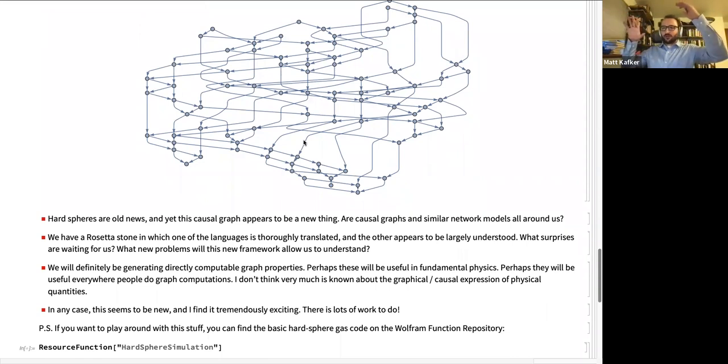One of them is thoroughly elaborated, and there's an entirely new language. And if the hypothesis is that these two things are ultimately encoding the same information, then we just get to do relatively straightforward language translation and express all of these quantities on the graph. And that's really exciting.